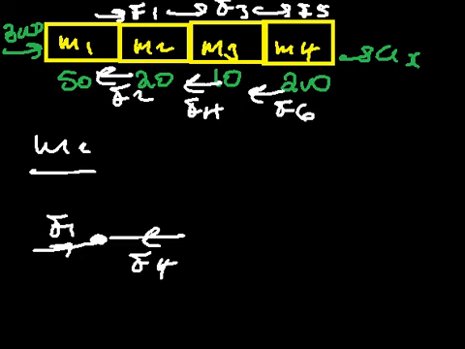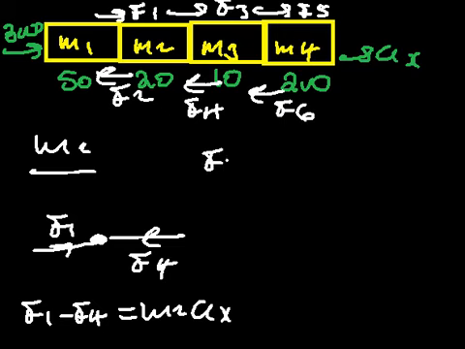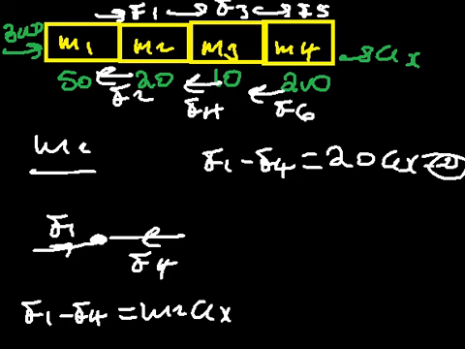According to Newton's second law of motion, we have F1 minus F4 equal to mass 2 times acceleration. So F1 minus F4 is equal to 20 times acceleration. This is equation number 2. Keep it safe.